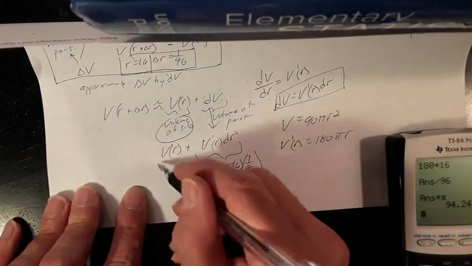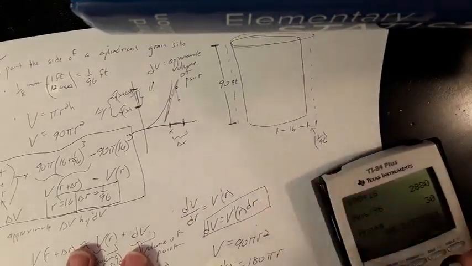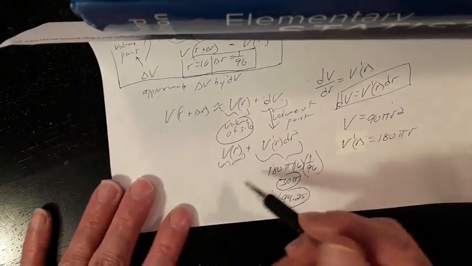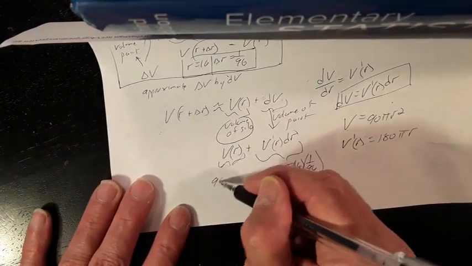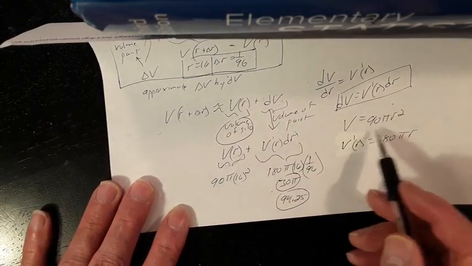Here, V of r would be the volume at 16. Had the radius been just 16, the volume would have been 90 pi times 16 squared, because the volume is 90 pi r squared.